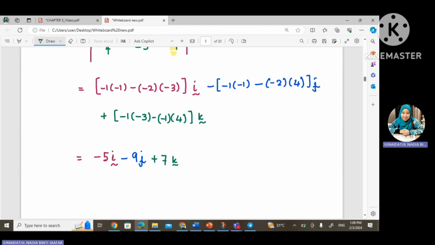Negative 1 times negative 3 is 3, minus negative 1 times 4, which is negative 4, so we will get 7k here.